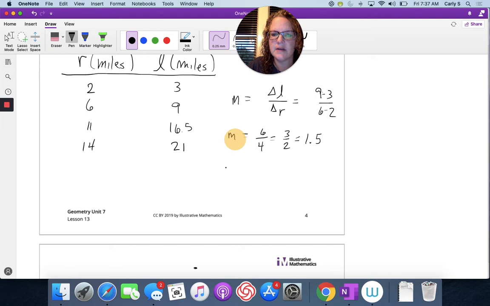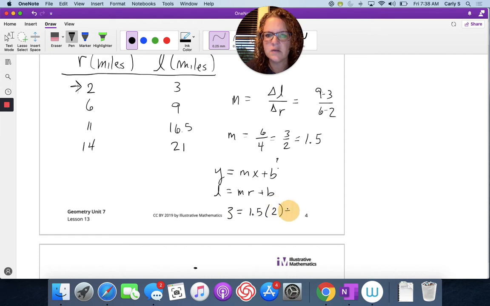That's my slope. And now I can grab any of those points, and say my equation is y equals mx plus b. I don't know what b is. It's not y and x, it's r and l. So L equals mr plus b. Let's plug in what we know. I know L is 3, m is 1.5, r is 2, and let's figure out what b is. 1.5 times 2 is 3.